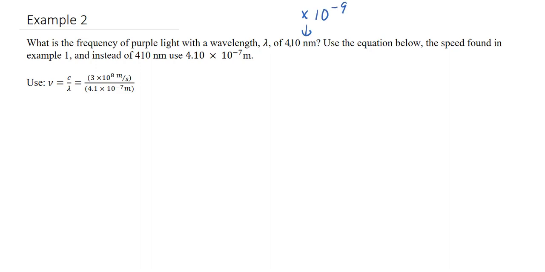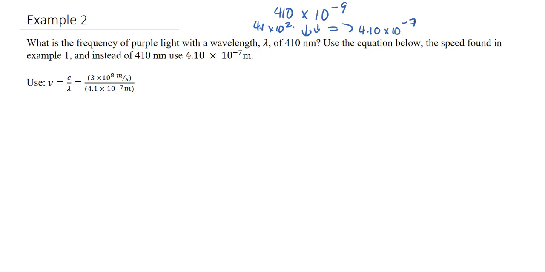Since it is 410, this 410 becomes 4.1 times 10 to the second. Then we keep this times 10 to the negative 9, so we get 4.10 times 10 to the negative 7. So that's where that number comes from. Not that you need to know that, but it's good to see.